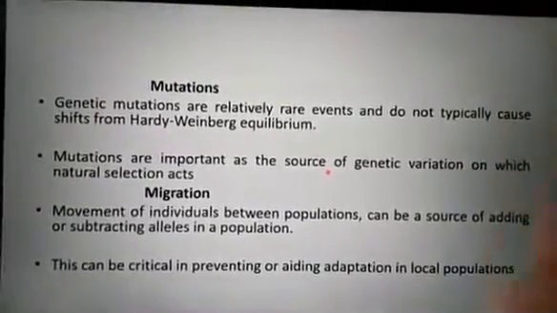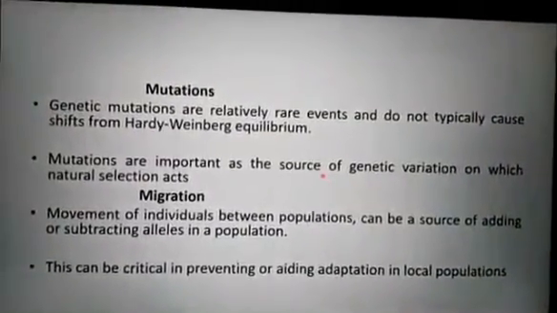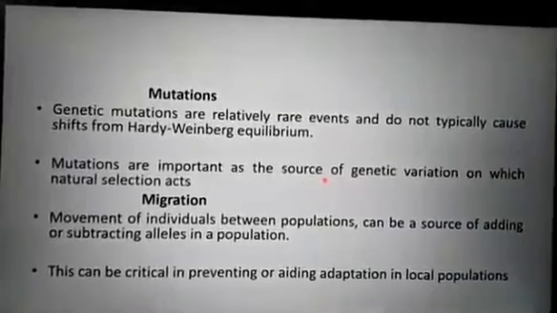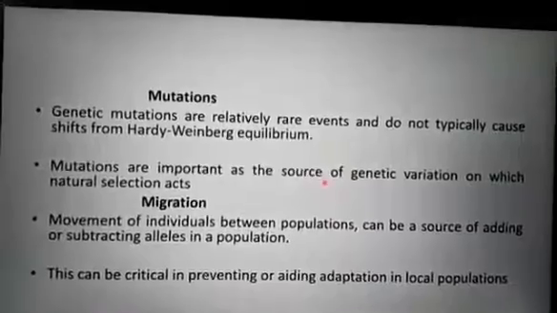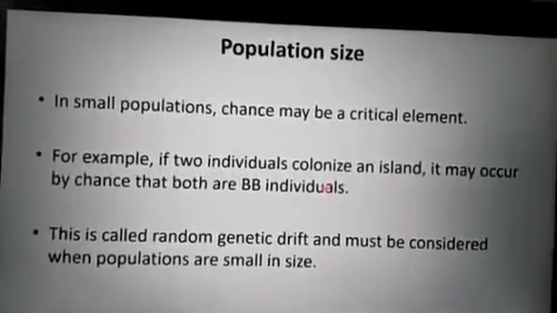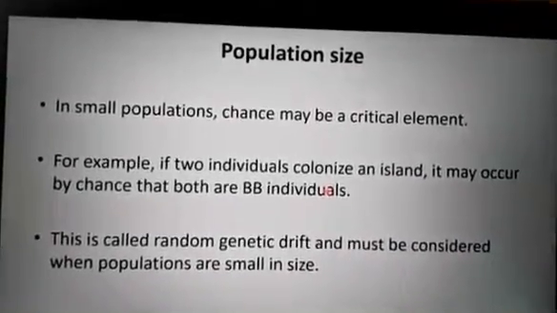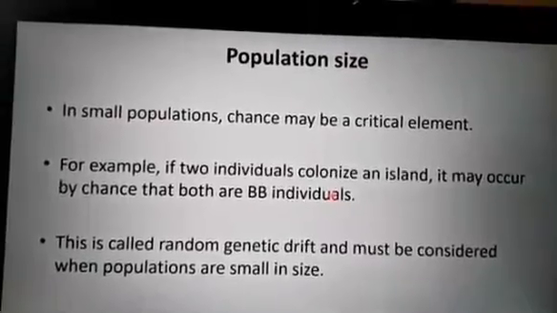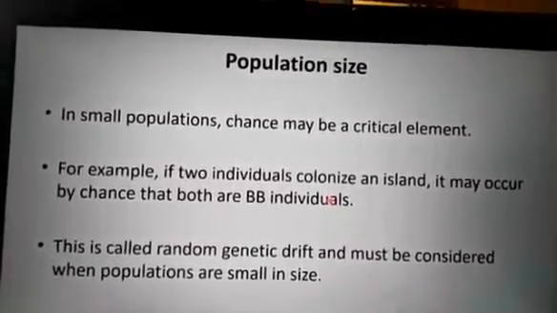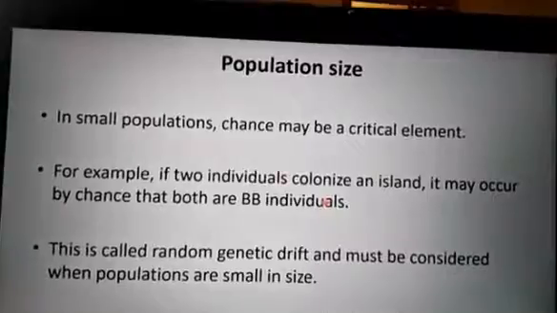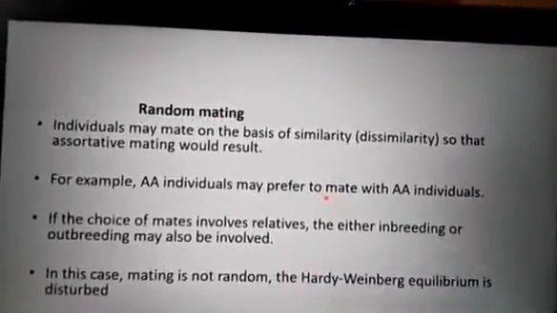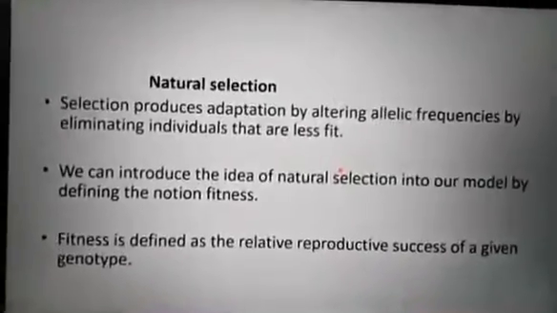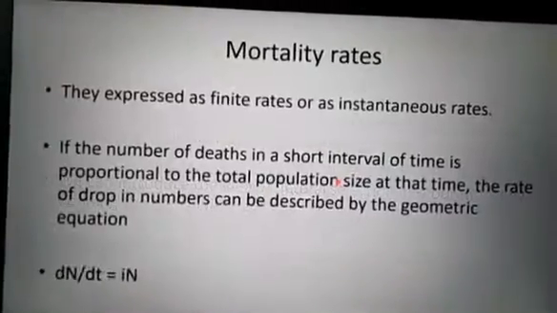So these are just some of the factors which we were talking about: the mutation, the migration, which you are expected to go through on your own, the population size, for mutation to occur, in small populations, chance may be critical, and then we give examples, and then random mating, natural selection.